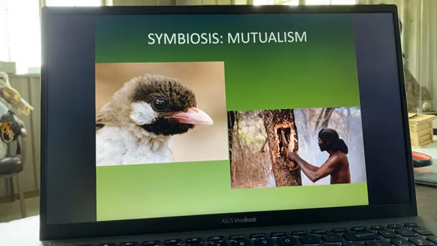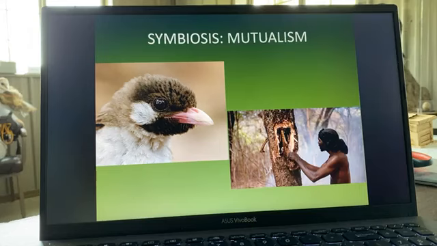So what they found out was that man has used honey guides. When they want to find honey, they actually call the honey guides. The honey guides have learned the song from people. The honey guide responds and guides them to the honey.